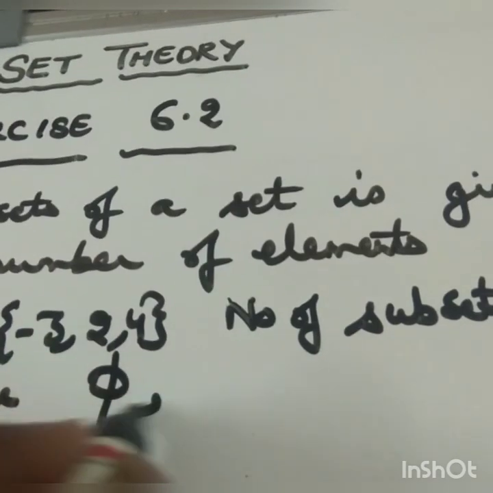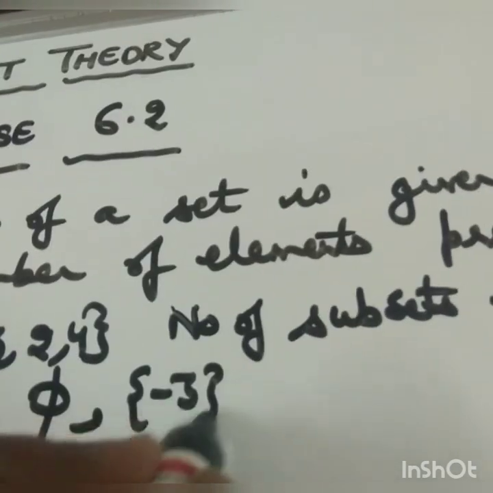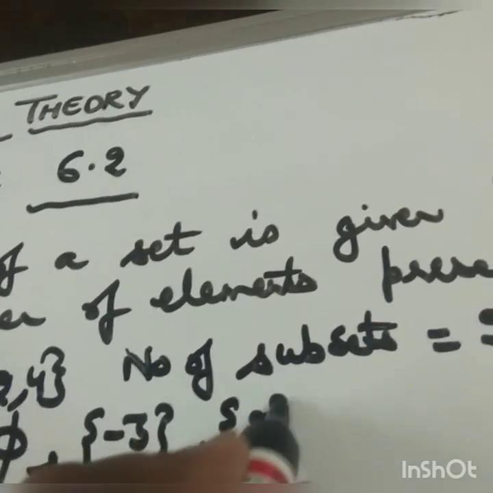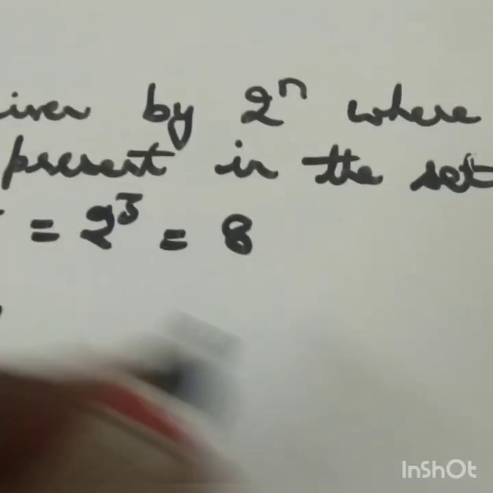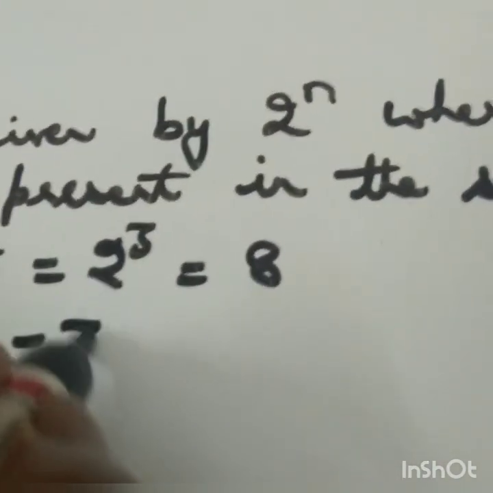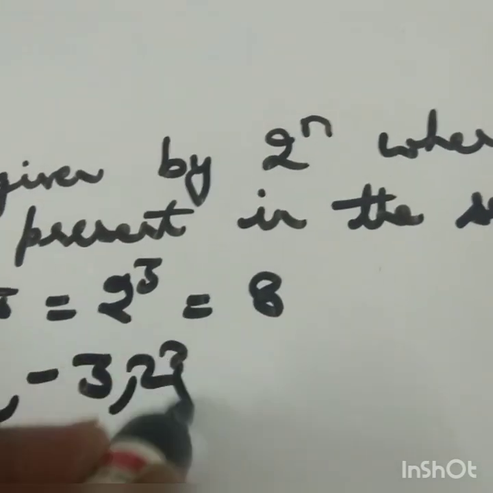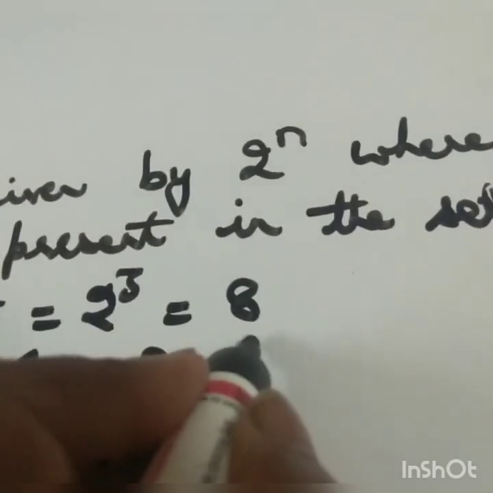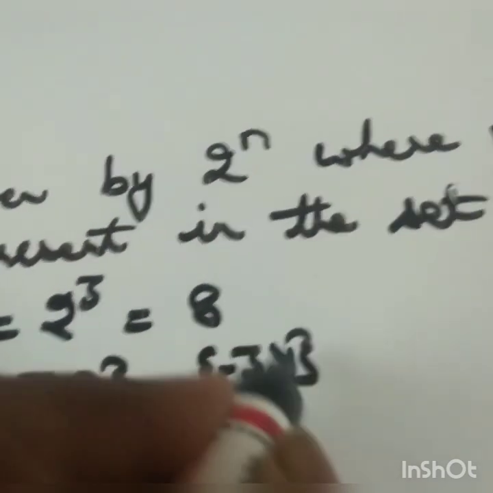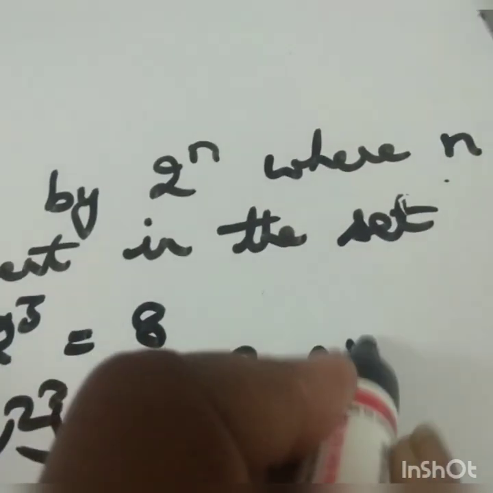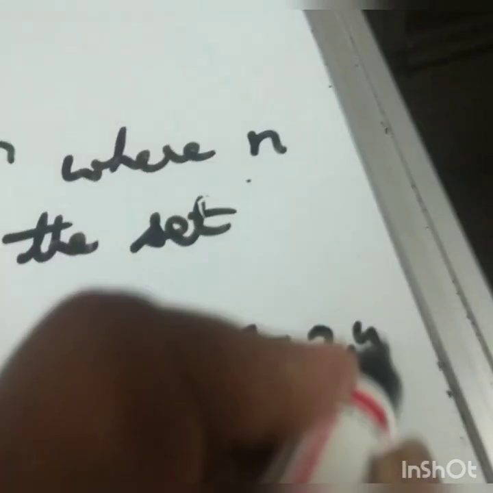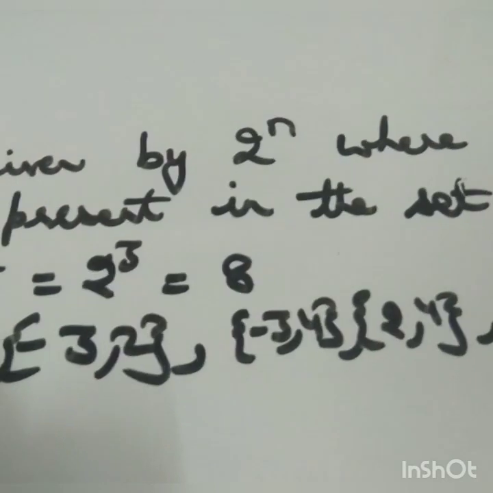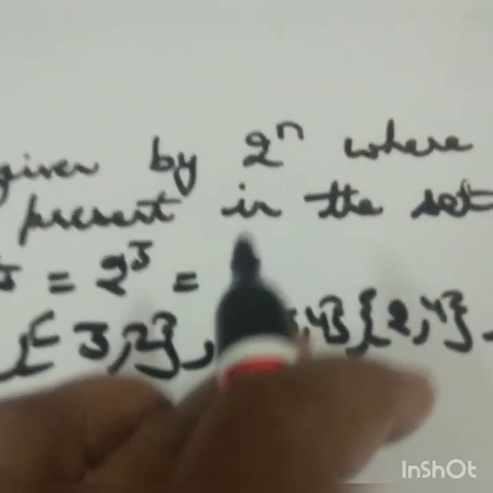first one, the empty set, then the singleton sets {-3}, {2}, {4}, then 2-element subsets: {-3, 2}, {-3, 4}, {2, 4}, and {-3, 2, 4}. 1, 2, 3, 4, 5, 6, 7, 8.